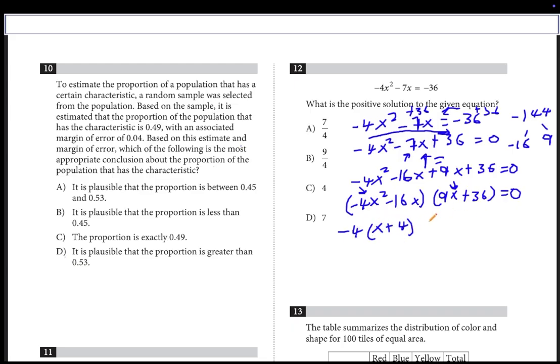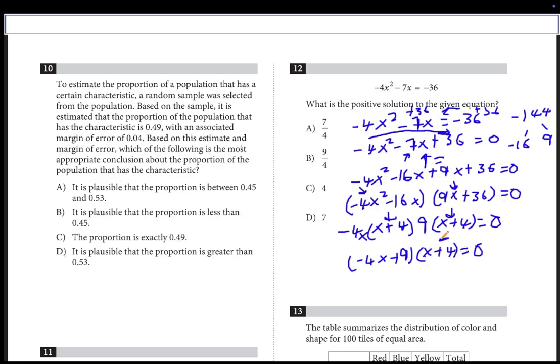We're going to take out a 9 over here. So we're going to have 9 times x plus 4 is equal to 0. And since both of these are multiplied by the same factor, we can group them together. So we're going to have negative 4x plus 9 times x plus 4 is equal to 0.